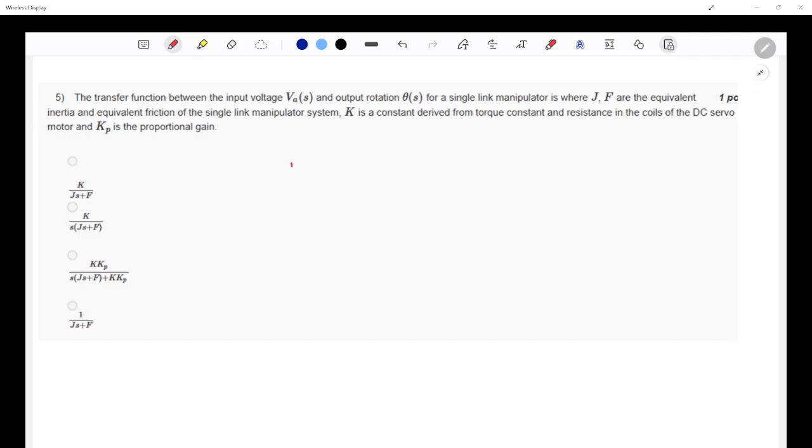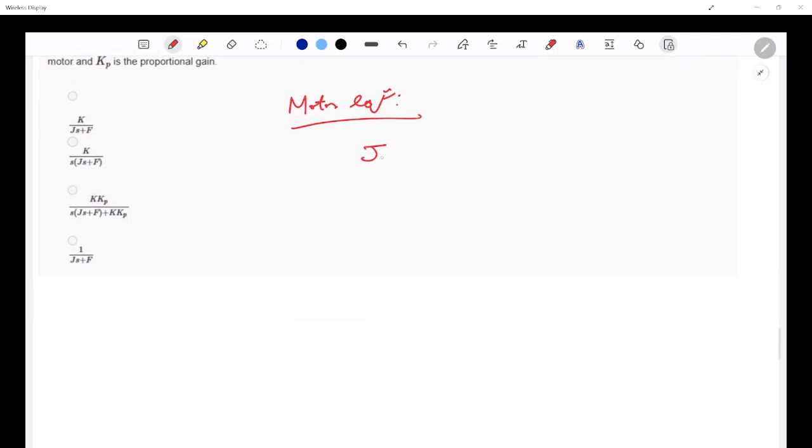If I start with the motor equation, J omega dot plus f omega is equal to k VA. If you take the Laplace transform, it's Js omega(s) plus f omega(s) is equal to k VA(s).